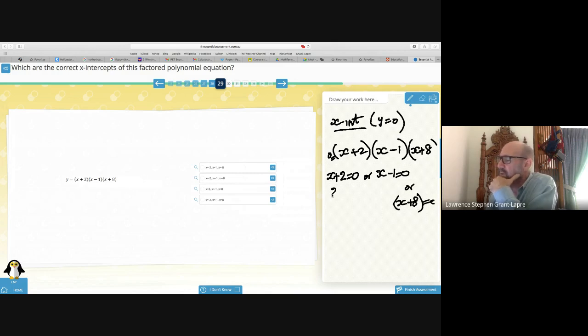So from the first one, x would equal negative 2. Second one, x is positive 1. Third one, x equals negative 8.